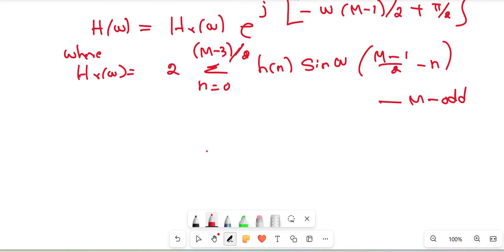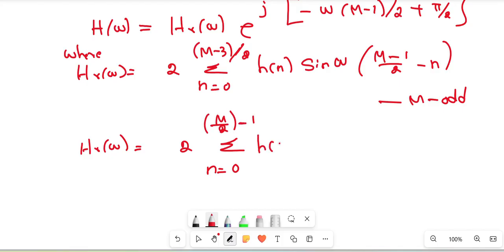Similarly, Hr of omega is 2 times the summation of n equal to 0 to M by 2 minus 1 of h of n sin omega ((M minus 1) by 2 minus n) for M even.